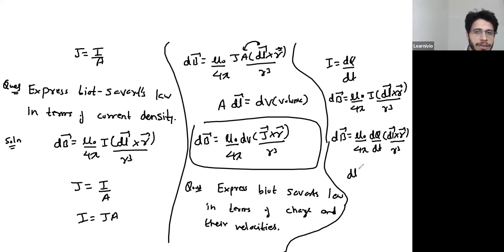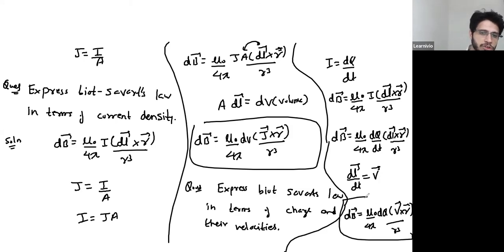See, this dl over dt is velocity, na? This is velocity. Substitute v instead of dl over dt. So your magnetic field comes out to be mu naught over 4 pi, it's dq, it's v cross r over r cube. These are very common conceptual questions on Biot-Savart's law.